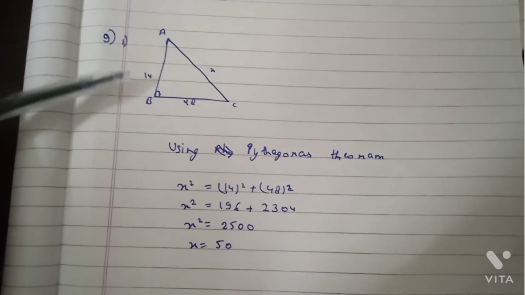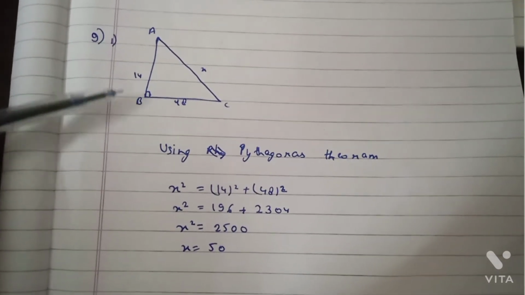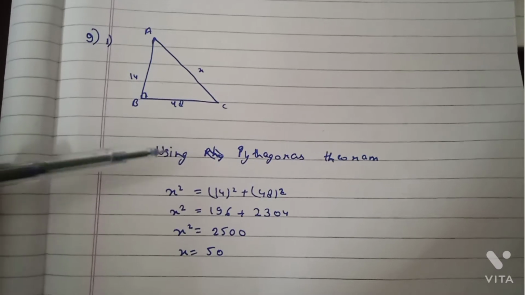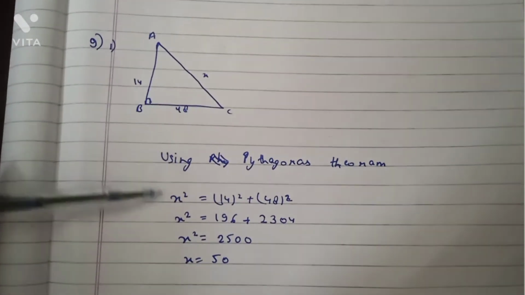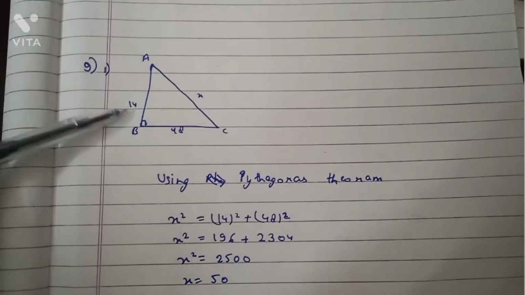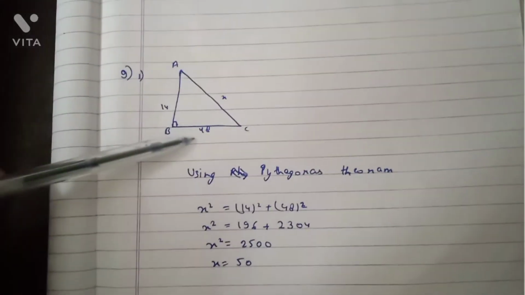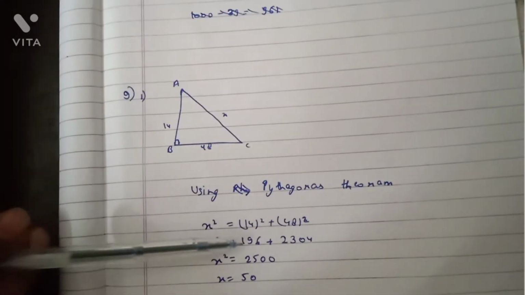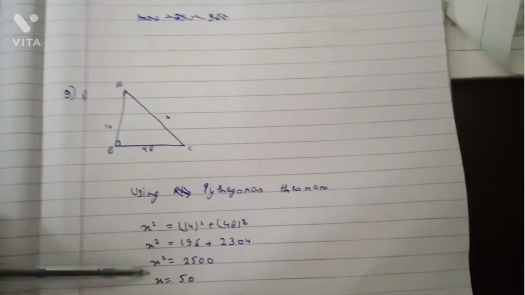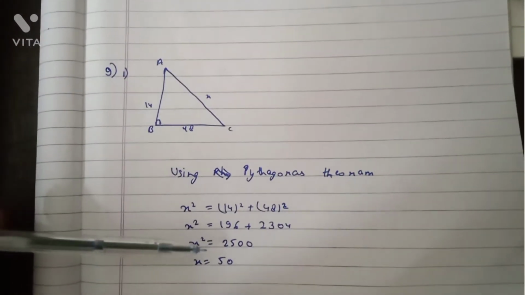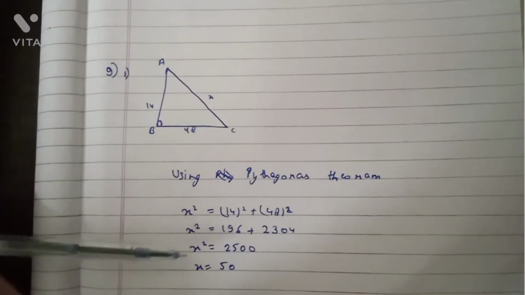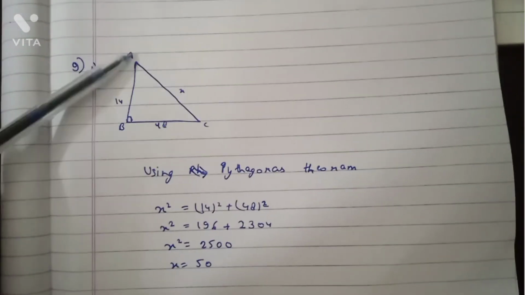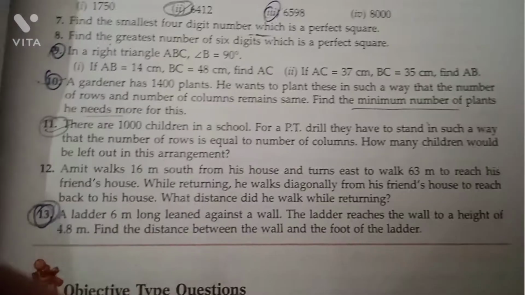We will give the values, and using Pythagoras theorem, AC, meaning x squared, equals 14 squared plus 48 squared. x squared equals 196 plus 2304, x squared equals 2500, and x equals 50. So the value of x is 50, meaning AC is 50.